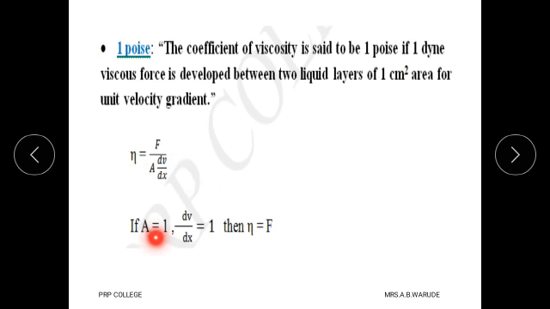But if we consider that surface area is equal to 1 and velocity gradient is equal to 1, then putting A equals 1 and velocity gradient 1, we get eta equals F. That means the coefficient of viscosity is equal to the viscous force, and therefore the coefficient of viscosity is said to be 1 poise if 1 dyne viscous force is developed between two liquid layers of 1 centimeter square area for unit velocity gradient.